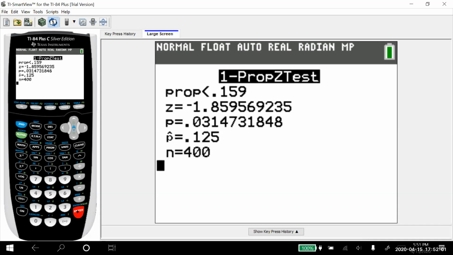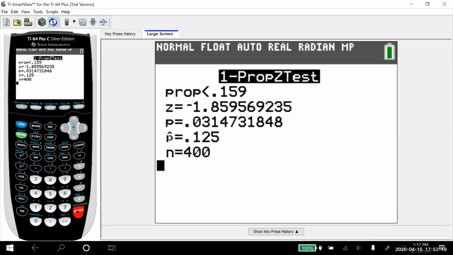And if I did a confidence interval, it would be surrounding that 12.5%. But P hat is a point estimate, just like X bar was a point estimate, a single number from the sample used to represent a population number.